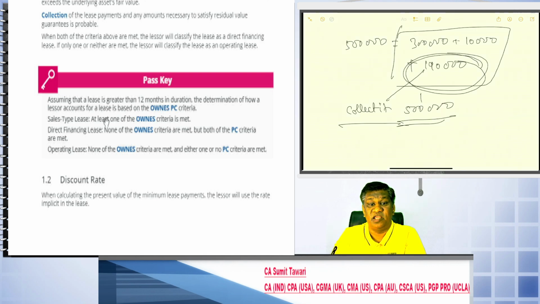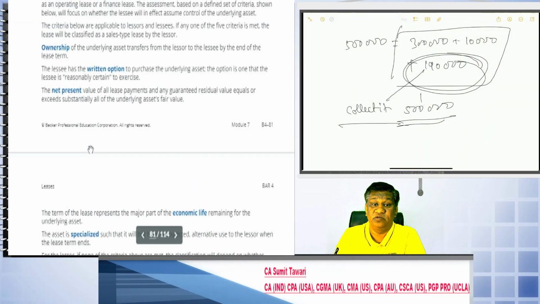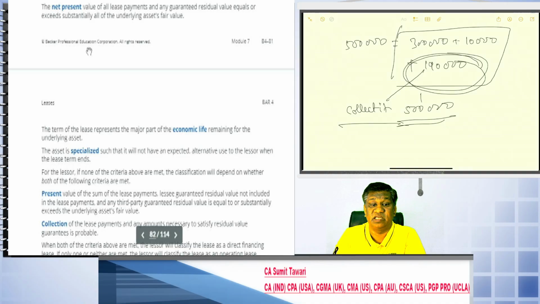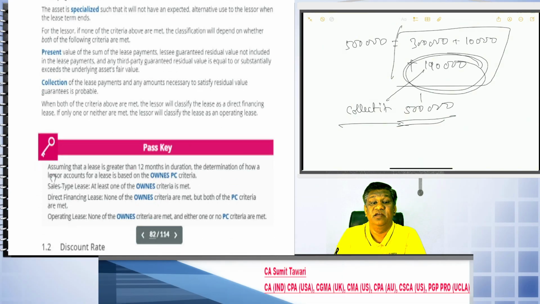Direct finance lease, none of the OWNS criteria are met, but both of the PC criteria are met. Means the sales type lease is as good as a sale to the lessee if these criteria are met, and if it is a direct financing lease, then these criteria are not met, but these two PC criteria are met. Okay, so then it is a finance lease.